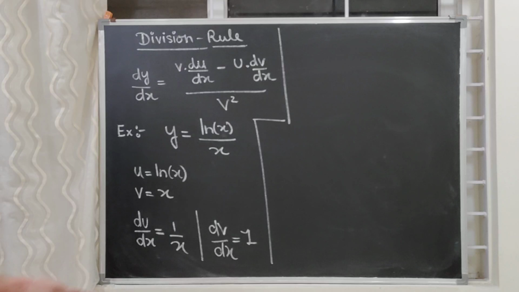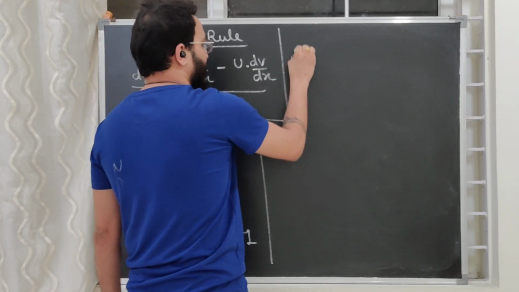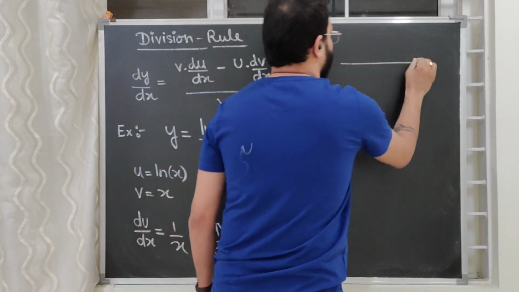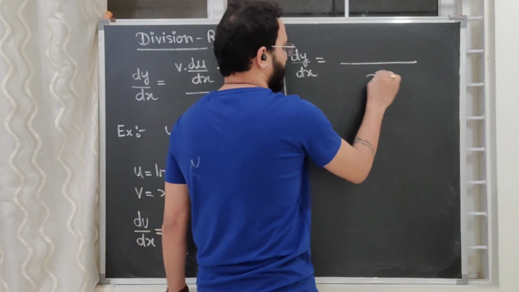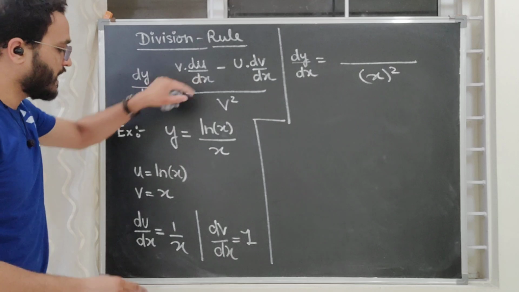Now we are going to start with the formula, and we will say dy by dx will be how much? First of all, v square. What is v? X. So x square into v du by dx minus u dv by dx.